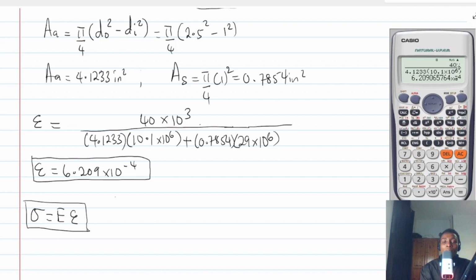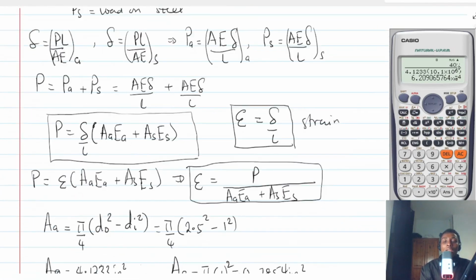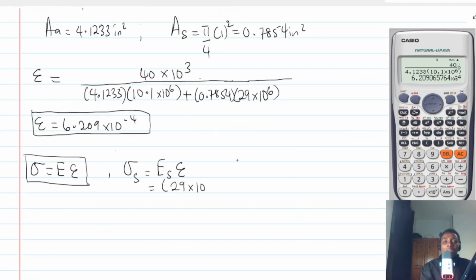For the steel, we will have E of the steel multiplied by the strain, and E of steel is 29 times 10 to the power 6.